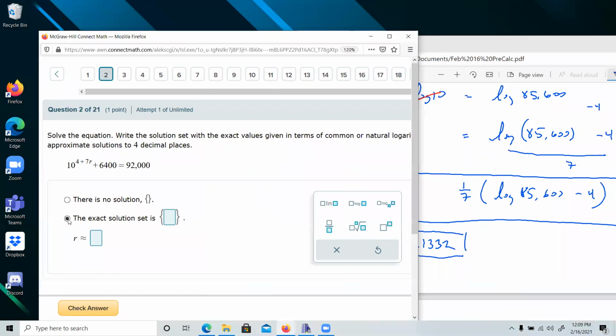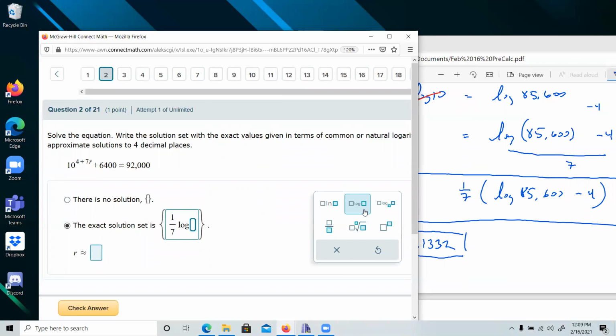We have the solution set is the exact value, right? This is going to be 1/7. Let's see if it lets me write that in. It did. All right, and then we have log, and we need, it doesn't let me do parentheses.